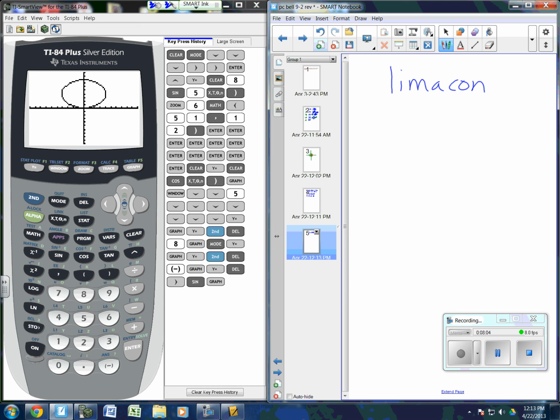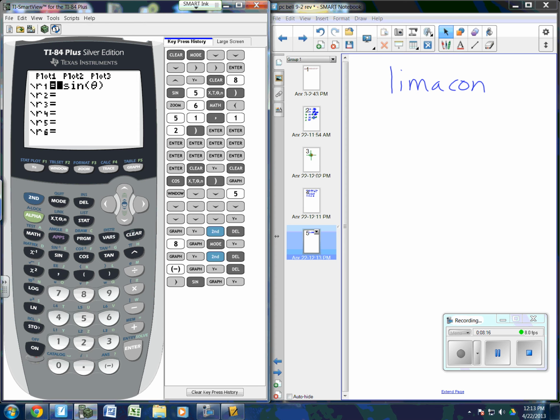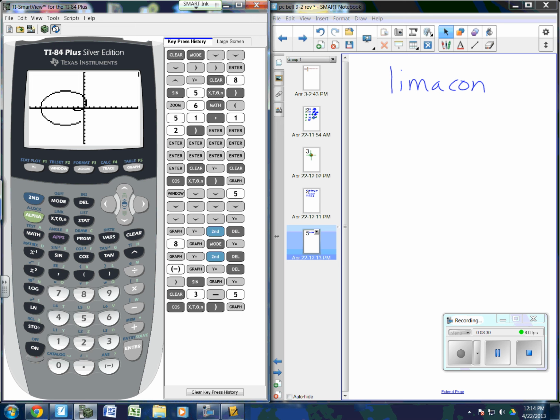So this one, we are going to do this right here. I want you to graph R equals, go to your Y equals, R equals 3 minus 5 cosine theta. And graph that. This is called a limacon with an inner loop.